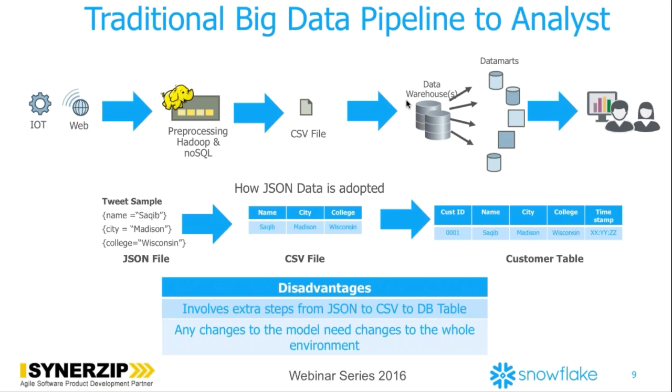There are different sources of JSON coming in, and they might have different fields populated. Will you have to change the process every time you incorporate a new feed? That is some of the challenges which a traditional big data pipeline presents to us.